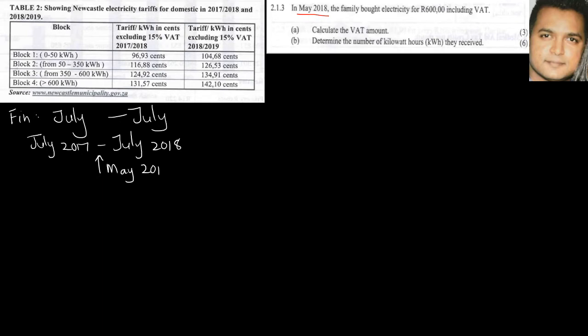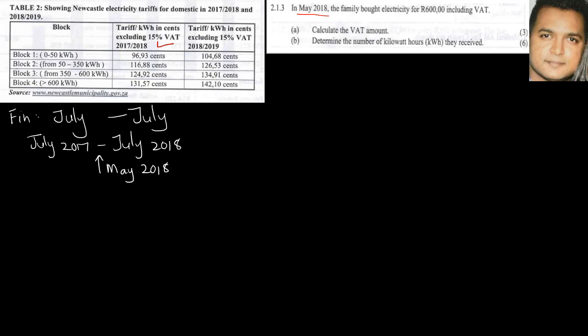May 2018 will fall in that range. Why is this important? It explains that I need to use this tariff rating here, instead of the other one, which is 2018-2019, because May 2018 falls out of that. So now I know which column I'll be using.